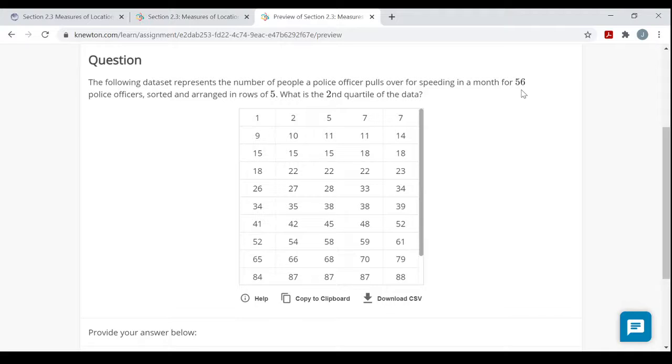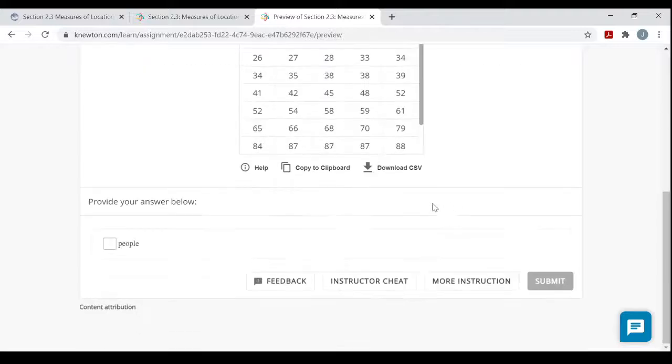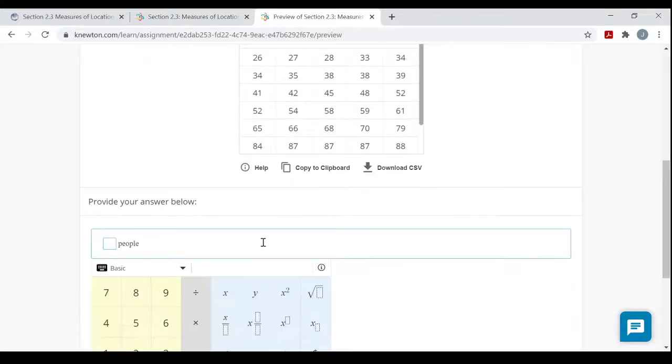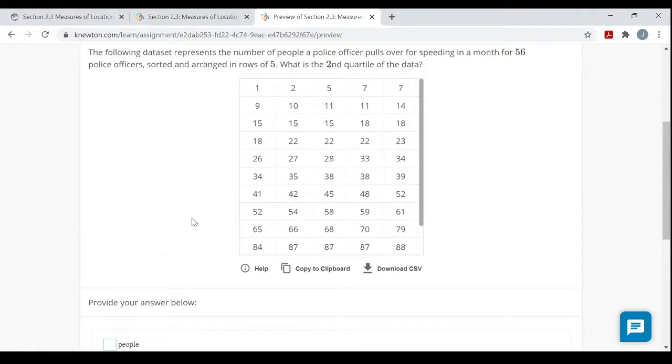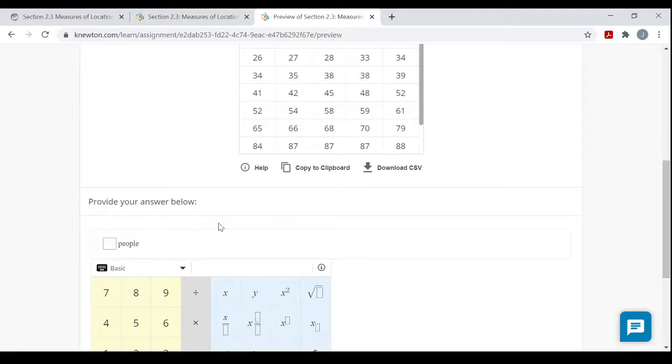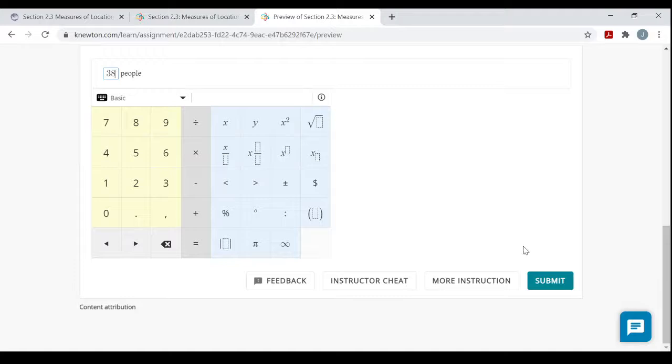So you take the average of the 28th and 29th values. So 5, 10, 15, 20, 25, 26, 27, 28, 29, that's 38. The 28th and 29th values are both 38. So the second quartile, or the median, is the number 38. That's the average of 38 and 38.